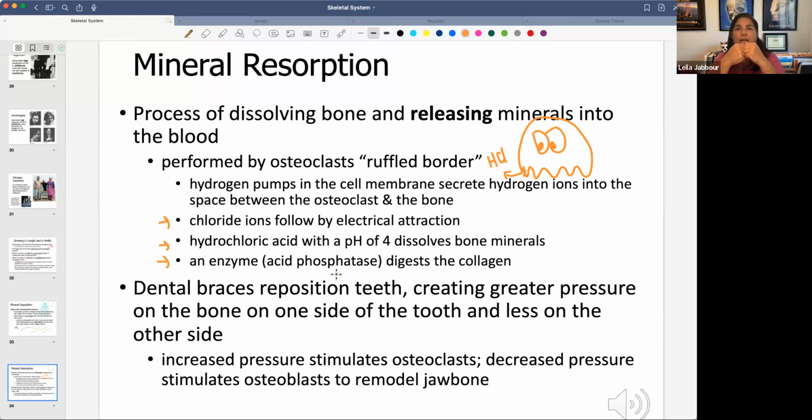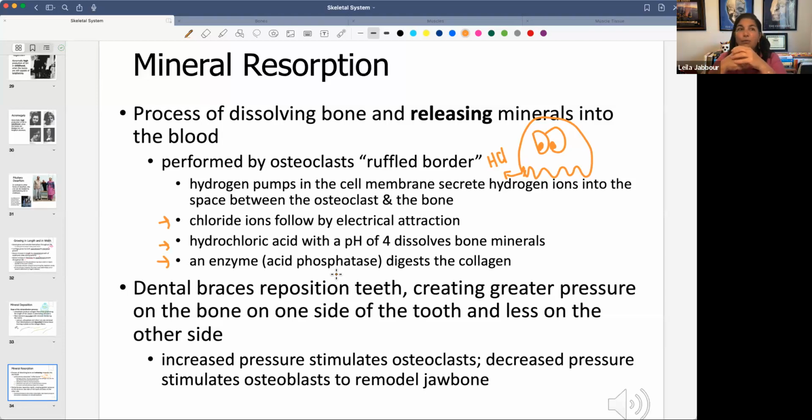A tennis player that is right-handed, if you X-ray or MRI and look at their radius and ulna bones, they're going to be thicker in the serving arm. That's how bone reacts to stress.